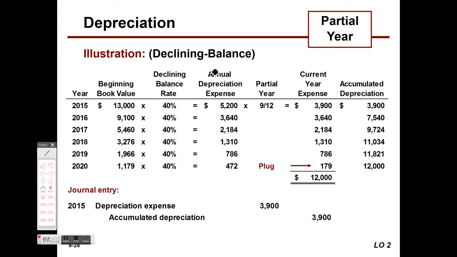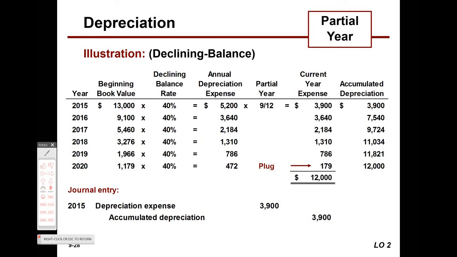In this case, the asset was acquired on April 1st, and so during the first year, you take 9/12 of that amount, 9/12 of the computation, and in the second year, our years 2016 to 2019, you follow the same approach you followed on the previous slide.